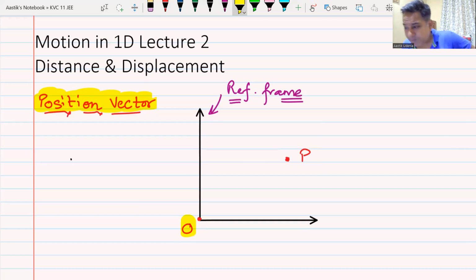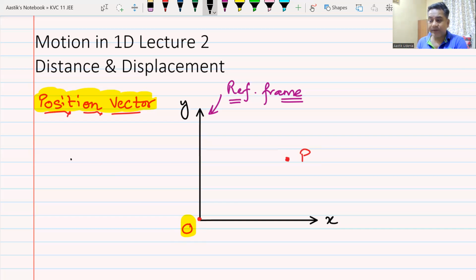Once we specify our reference frame and where our origin is, right now you can see the reference frame, the origin, and the X, Y axis. I have not drawn the Z axis because I cannot draw it on a two-dimensional board. I can only draw 2 dimensions here.